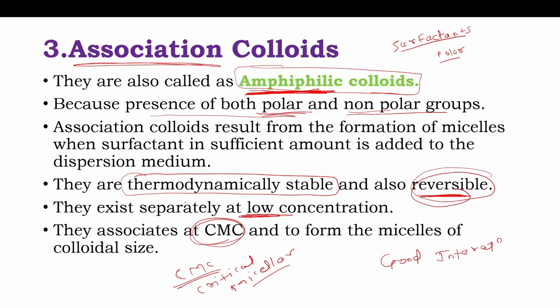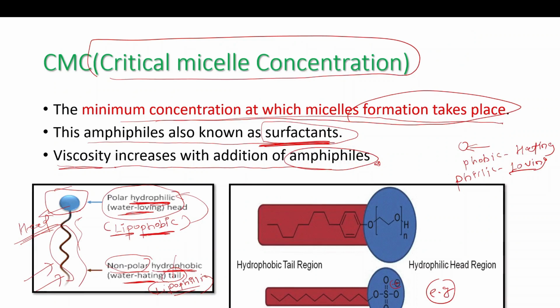Similarly, in lyophilic colloids we added one point, that they are thermodynamically stable. Similarly association colloids are thermodynamically stable, but when we compare lyophilic and association colloids, there is a little difference, because lyophilic colloids have greater stability as compared to association colloids. And you can add one definition, that is critical micellar concentration. What is CMC? The minimum concentration at which micelle formation takes place, and they are also known as surfactants or amphiphiles.